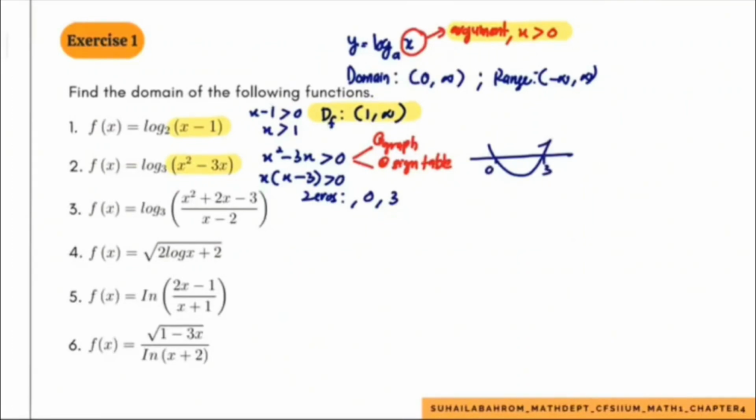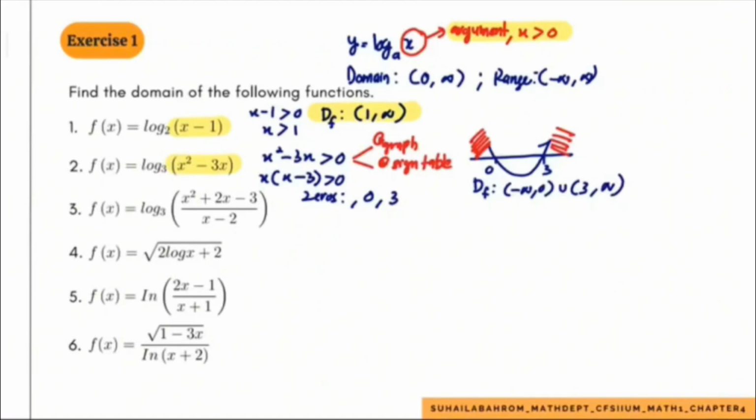Since it is greater than 0, this is the shaded area. As a conclusion, the domain of this log function is from negative infinity to 0, open, union 3 to infinity.